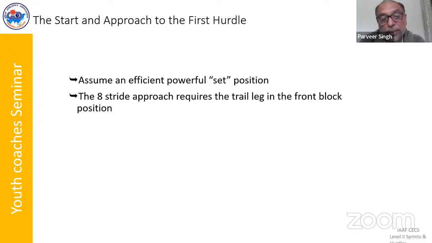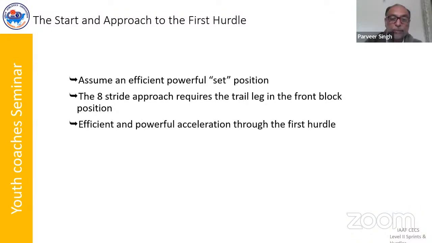If your athlete is taking 8 strides normally, the trail leg will be in the front block, because with 8 strides the takeoff leg will be the same as the front block. But if the number of strides is odd, then it will be the opposite. The takeoff leg for the hurdler will be on the rear block.